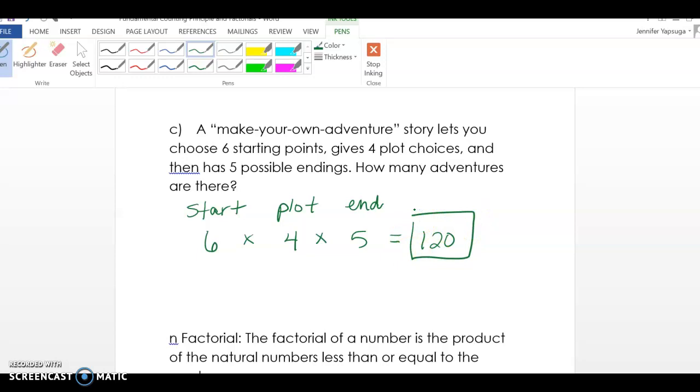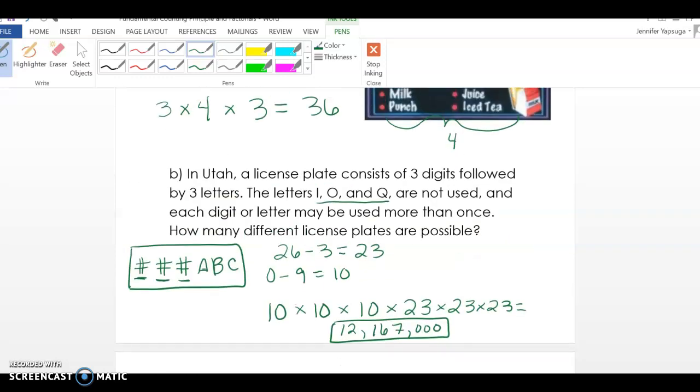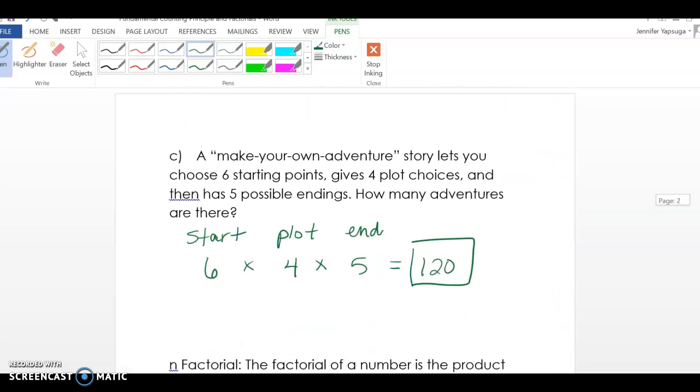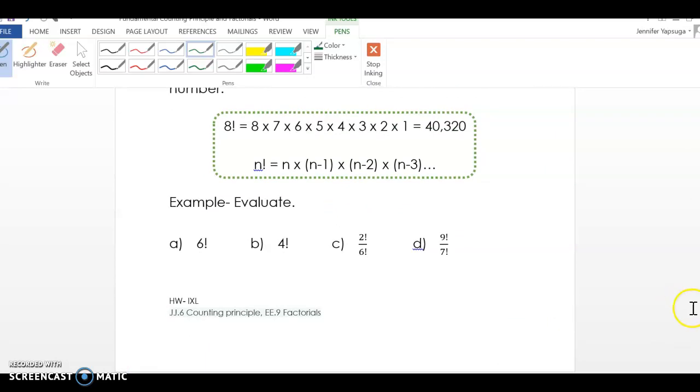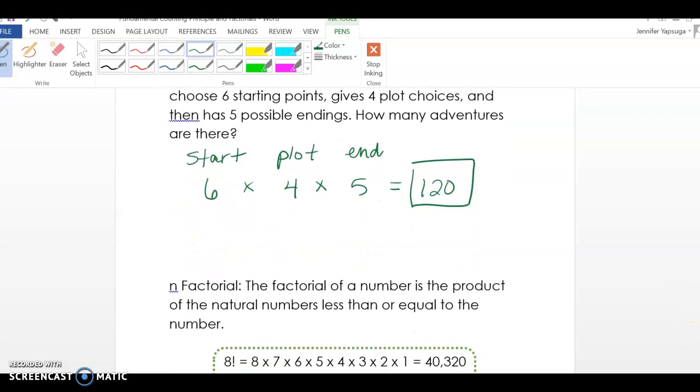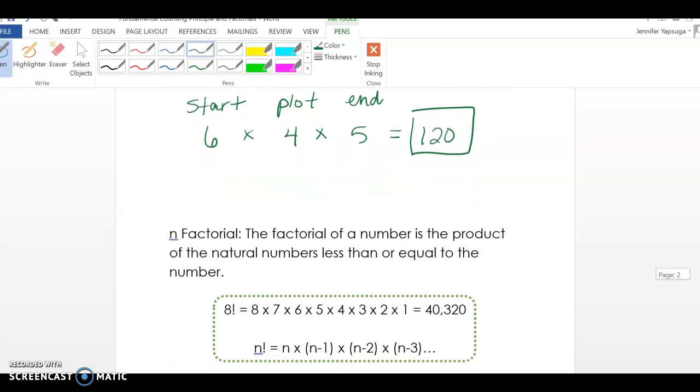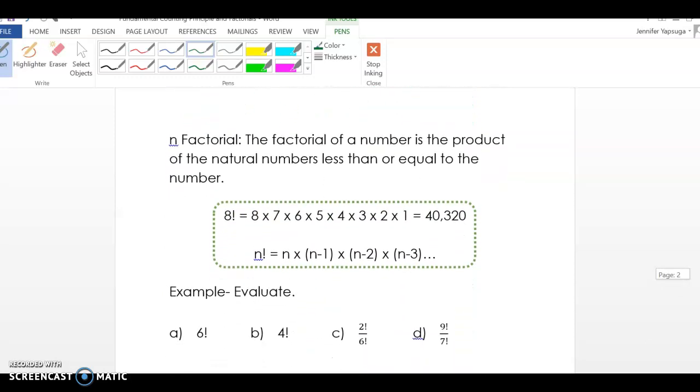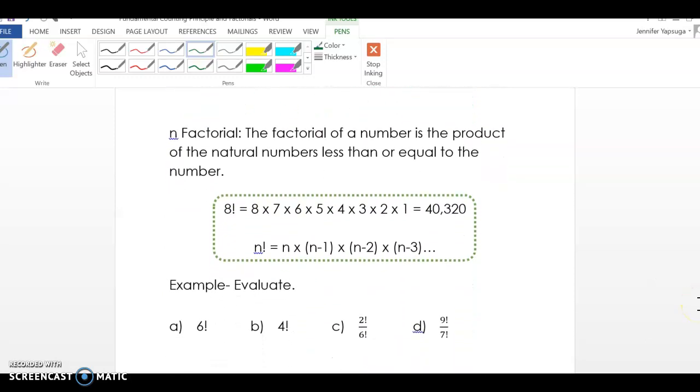All right. And finally, let's bump down to our last skill that we're going to talk about on this video today. Sorry, I'm scrolling, but I'm having a little problem controlling it. All right, n factorial. So the factorial of a number is the product of all the natural numbers less than or equal to that number.